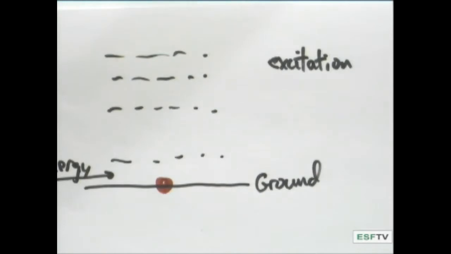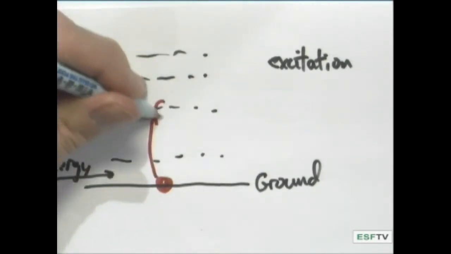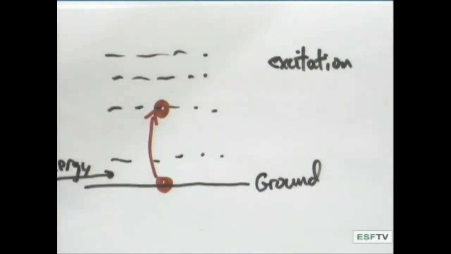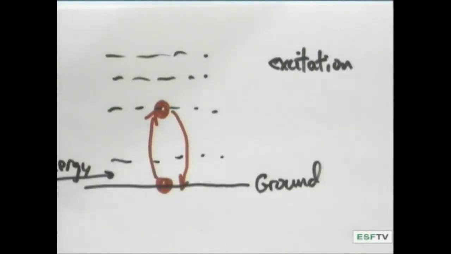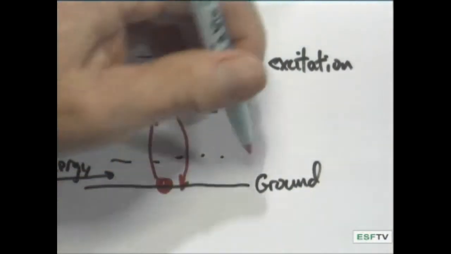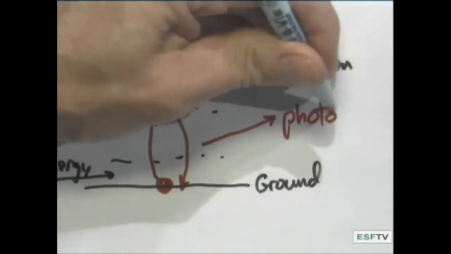When you put in enough energy, you can boost that electron up to some higher excitation state. Now, this is not where the electron likes to be. This is not the equilibrium situation. So there's going to be a natural tendency for that electron to fall out of its excitation state back to the ground state. And when it does, it emits a packet of energy known as a photon.